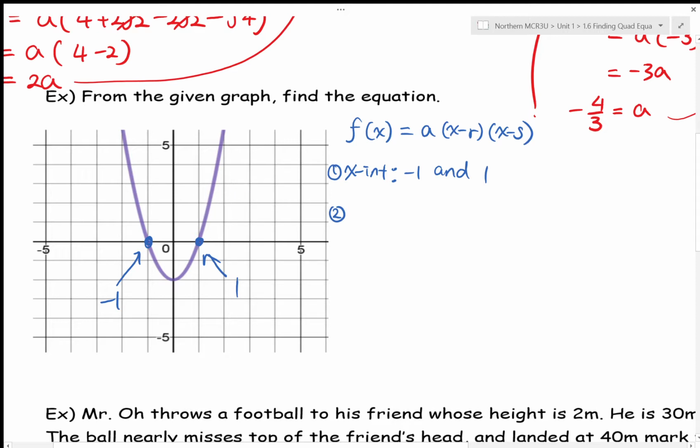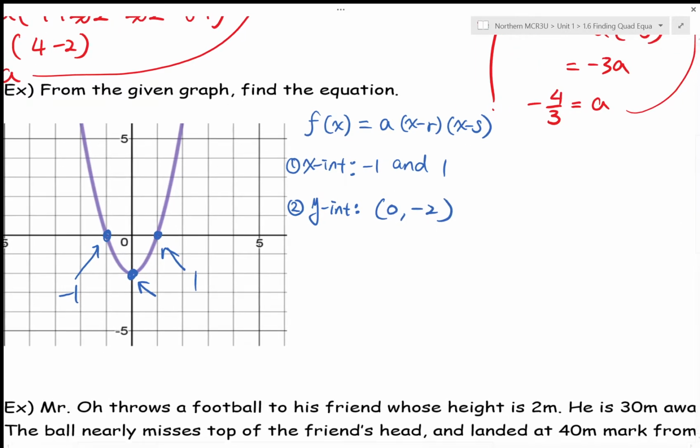So the best point in this case may be the y-intercept, because it is actually lying at the corner. So this can be our second point. In this case, I will choose the y-intercept as our second point. It will be, sorry, 0 comma -2.